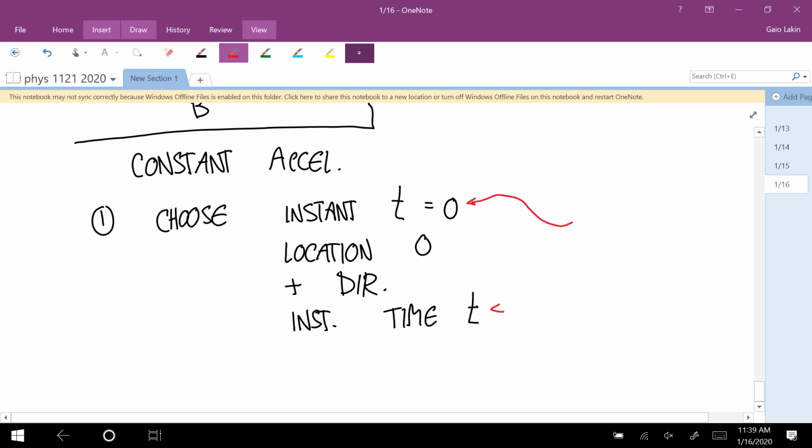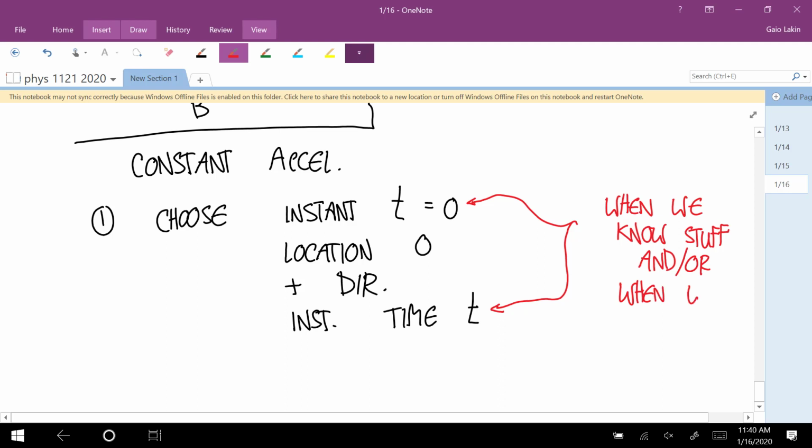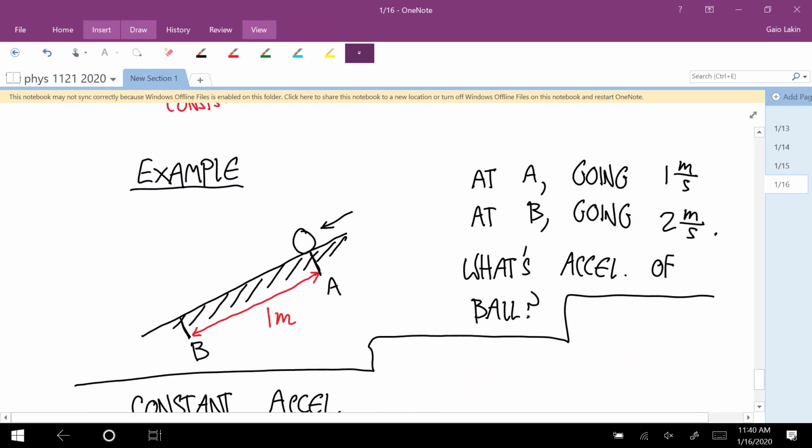And these two times, we want to choose these based on when we know stuff and or when we want stuff. Okay, so where do we have information in this problem?